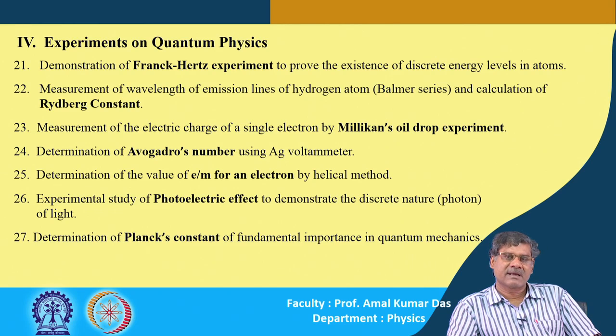It started from Planck, after the discovery of the Planck constant h, and then the photoelectric effect, then Bohr's theory of the atom, of how the electrons are arranged in an atom. That was the preliminary stage of quantum mechanics.